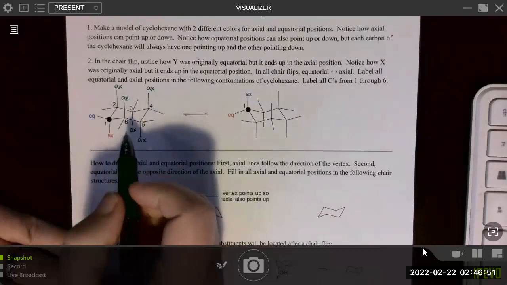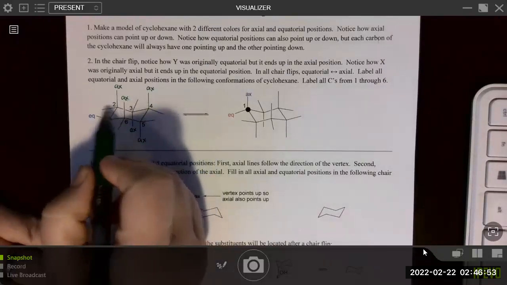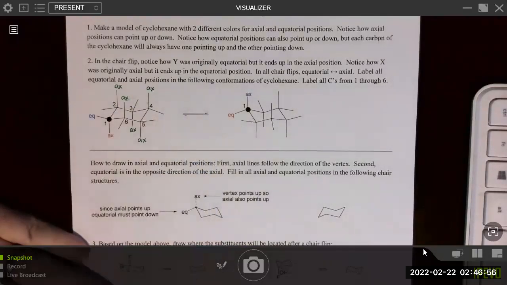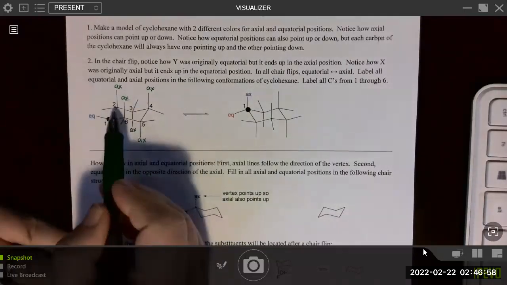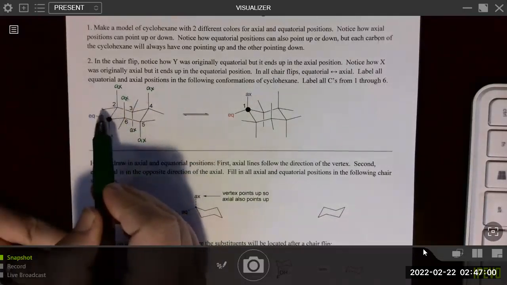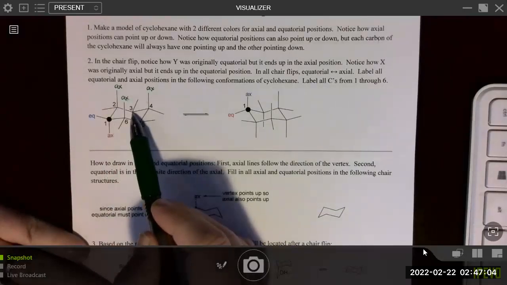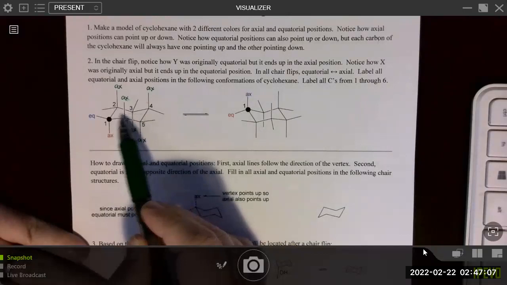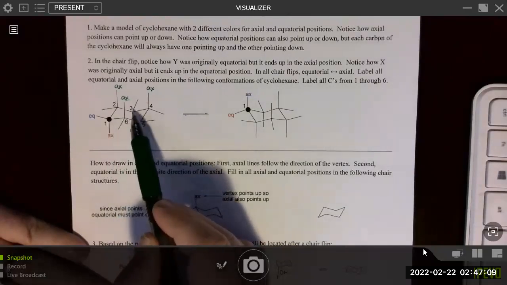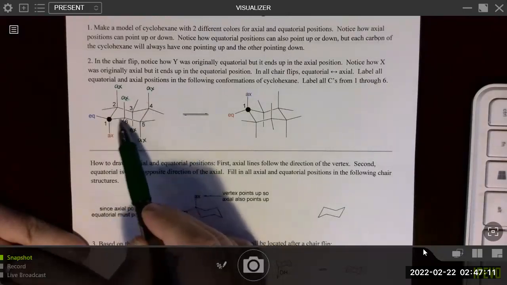And then the equatorial positions are the ones that are not straight up or straight down. And the direction that you will see them in, they'll be parallel to a carbon-carbon bond in the ring, one bond away. So for example, this line will be parallel to this line or this line.